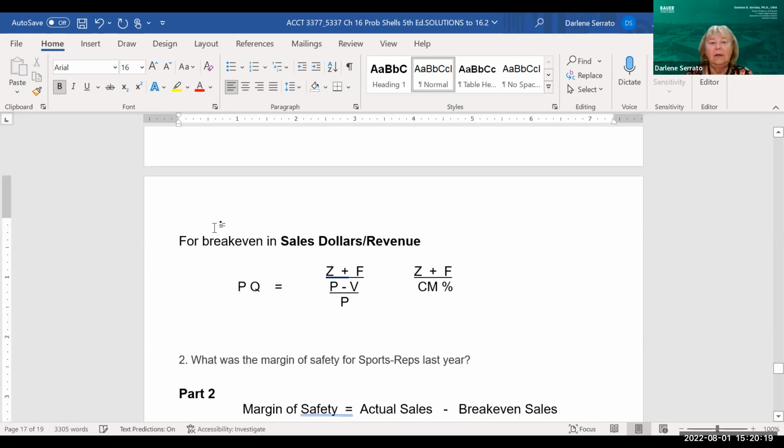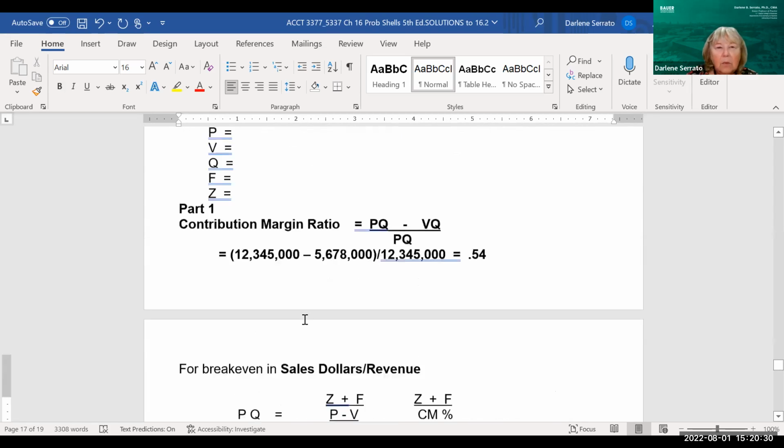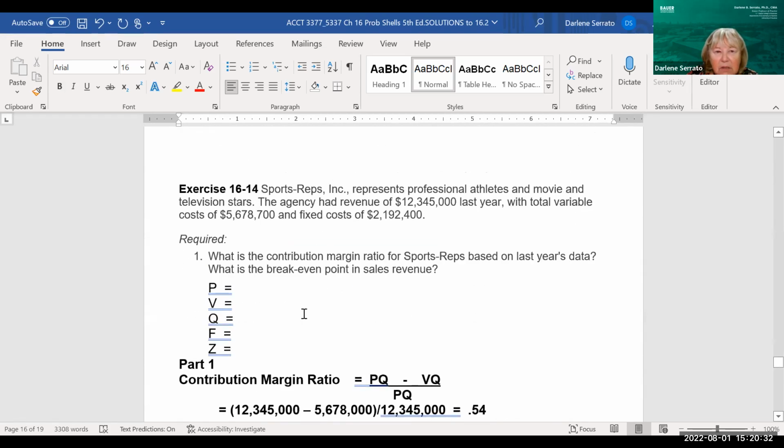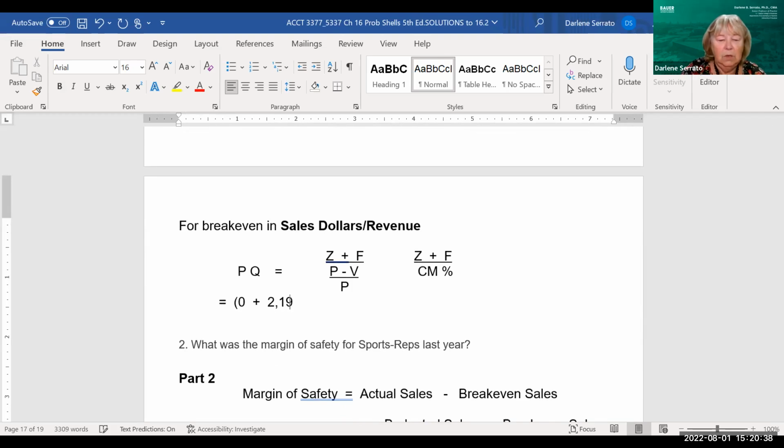So break even in sales dollars is equal to 0 plus the fixed expenses, 2,192,400 divided by 0.54, equals 4,060,000.